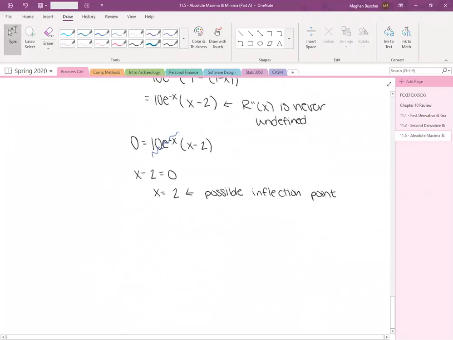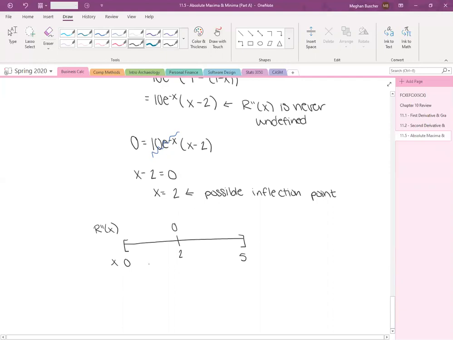Okay, and then again, same as before, we're going to make our sign chart, this time for our second derivative. So again, this 10e to the negative x is always positive, so we can just look at what happens with x minus 2.